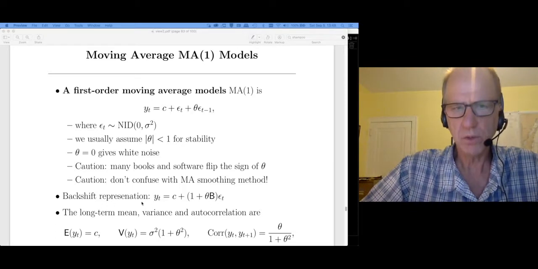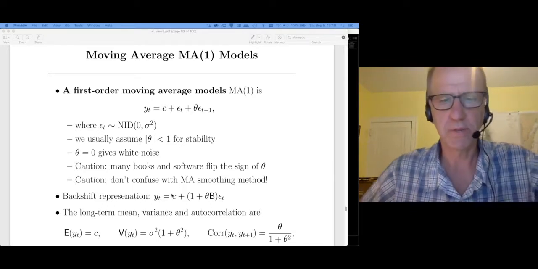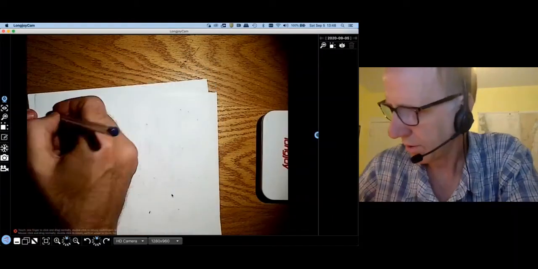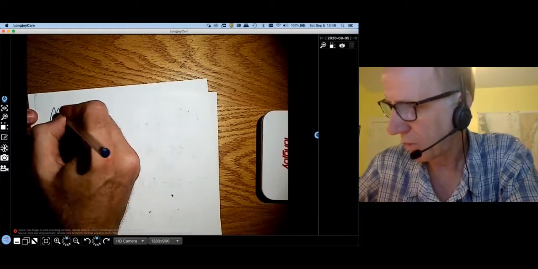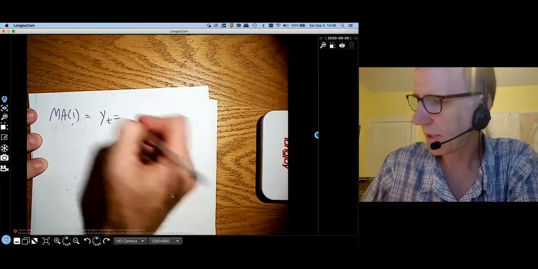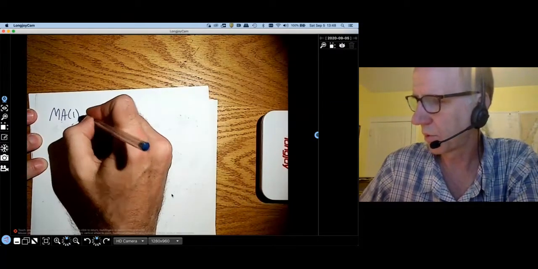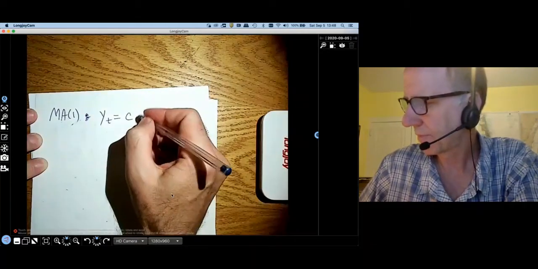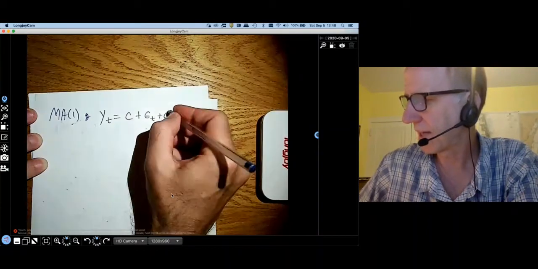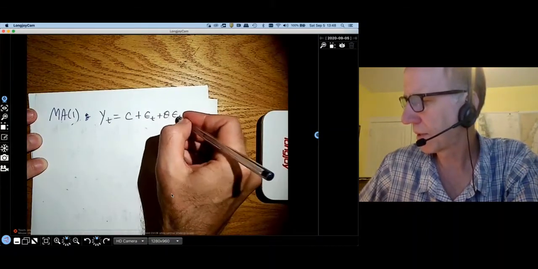Well, let's go look at the backshift representation of this. So why don't we go derive it? So here is my MA(1) process. y sub t is equal to some constant plus epsilon t plus theta times epsilon t minus 1.